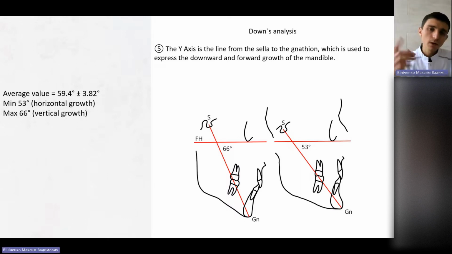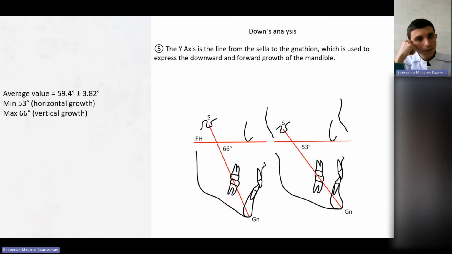It is not the only method to establish the growth of the mandible. You could also see Kim's analysis, Cherabak and others, but use the y-axis in growing patients. For example, the average value of the y-axis is 58.4, plus or minus 3.82.